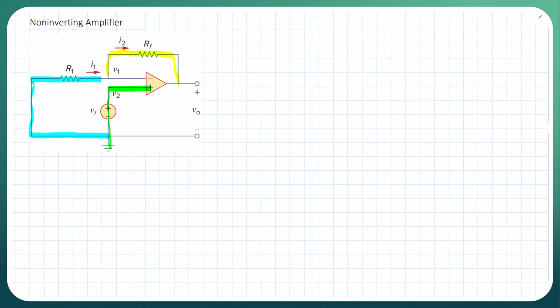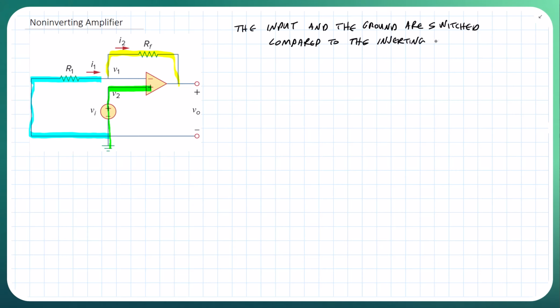Let me go ahead and write this down: the input and the ground are switched, compared to the inverting op amp. So that's the main thing between the two.